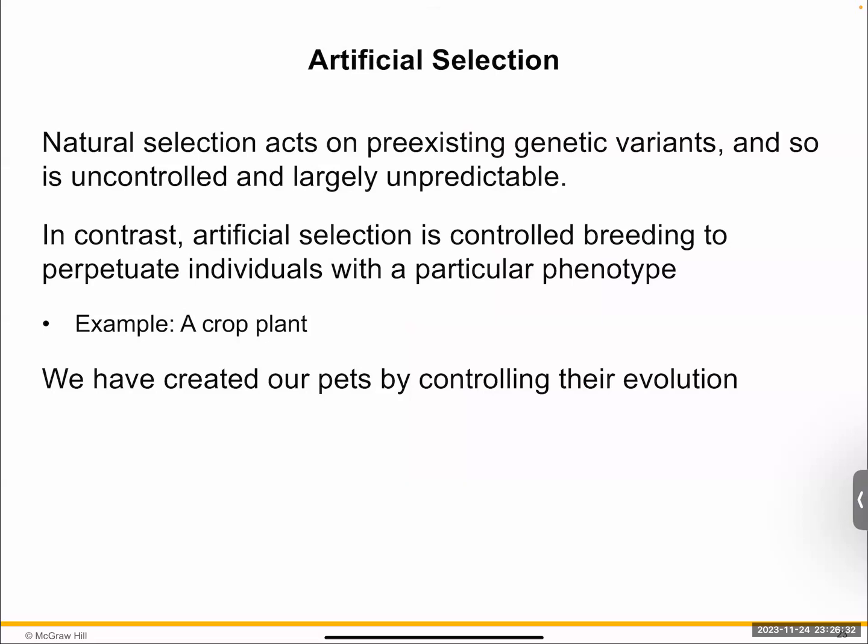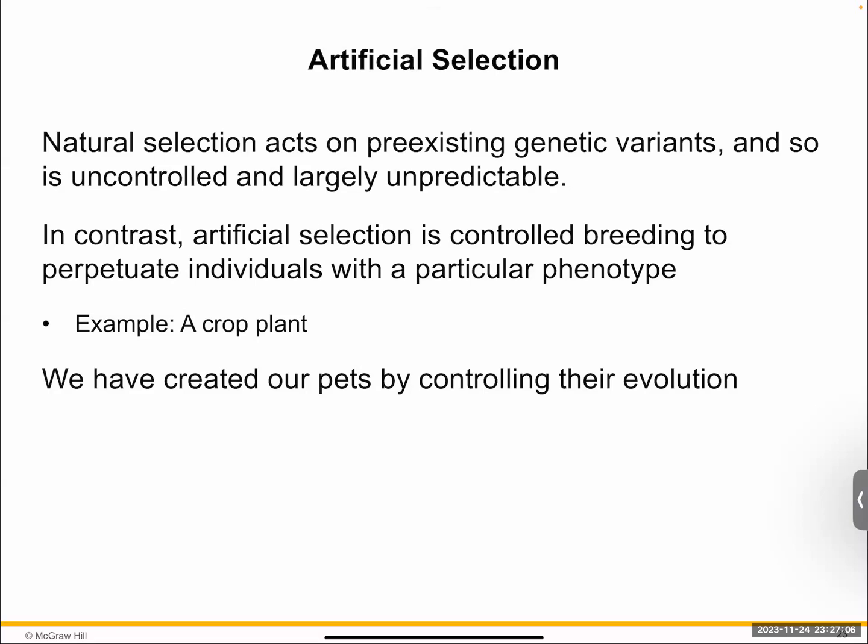Now, everything we have talked about so far is related to what naturally happens in the environment. It's not something we as humans control. However, there are a lot of factors and components that we do control through the process of artificial selection, where we choose specific traits and continue to breed, selecting for those specific characteristics.